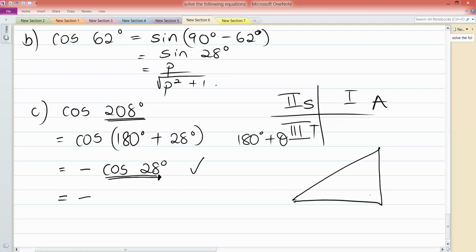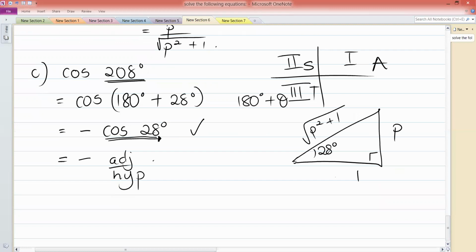I don't have to scroll back up. Remember, you had your 28 here. This was P, this was 1, and this is the square root of P squared plus 1. So cos 28, adjacent over hypotenuse, is equal to negative 1 over the square root of P squared plus 1.